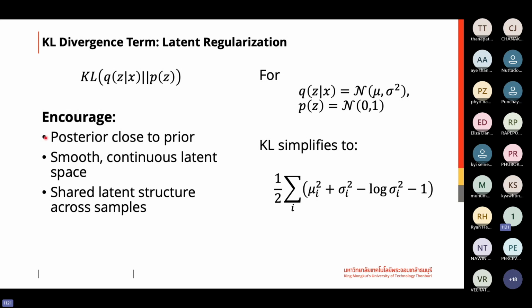That means if you have an interpolated version of the prior, you should have an interpolated version of the posterior of the output, and create smooth interpolation, sharing the structure altogether. So for the KL divergence, by assuming they have normal distributions, I'll just jump over the math to the representation in terms of numbers. For each i, you have mu_i square, sigma_i square, and log sigma_i square, and then minus 1. This would be the KL divergence term.